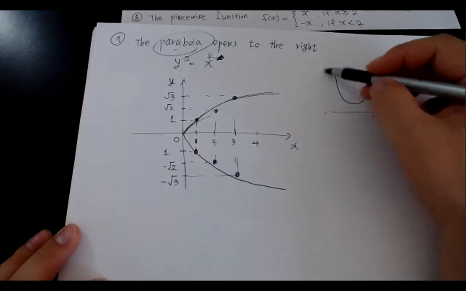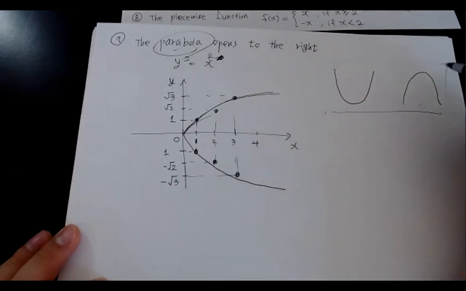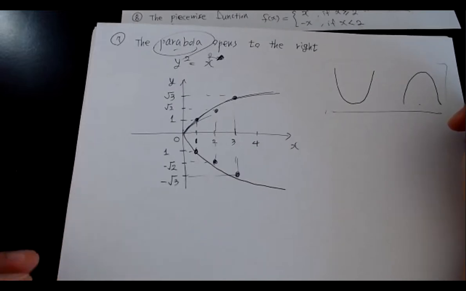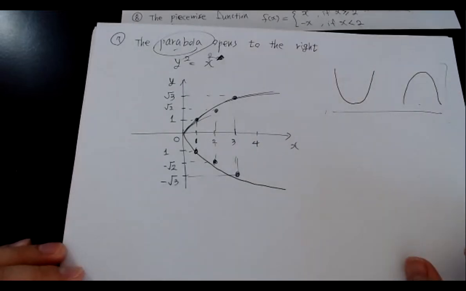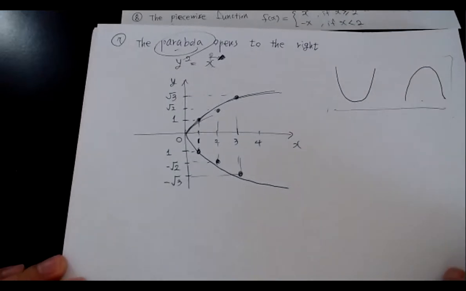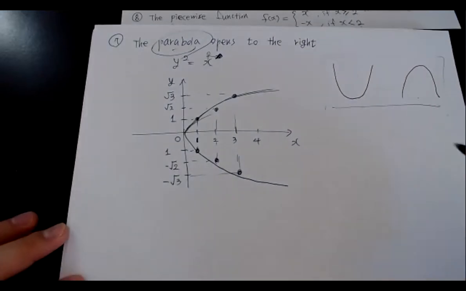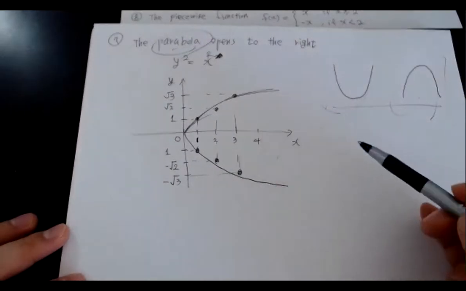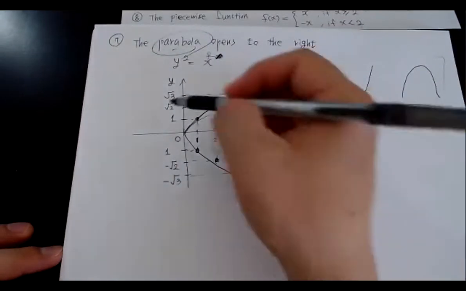Actually, these are graphs of quadratic functions, but we're gonna study them in 2.4, maybe 2.5. So the parabola opens to the right must be this, right? What about the parabola opens to the left? This one, right?